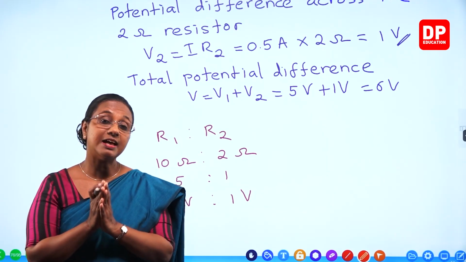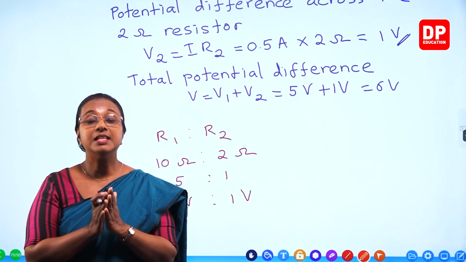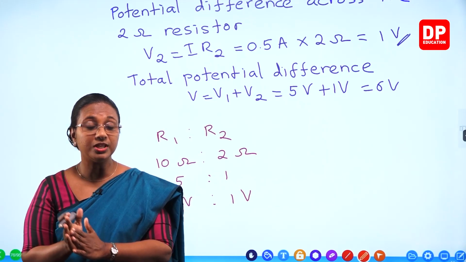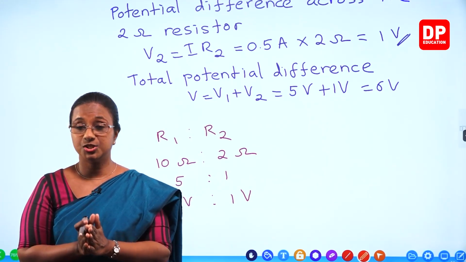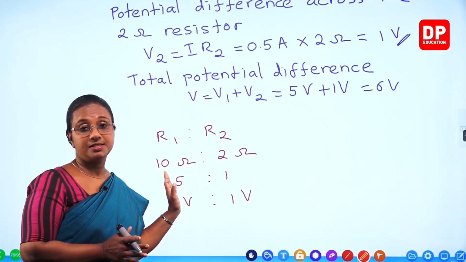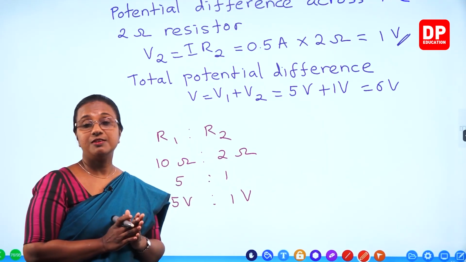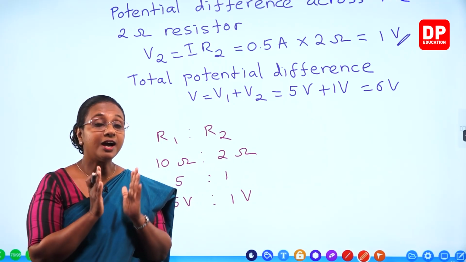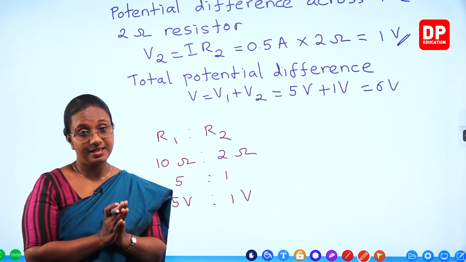If the resistors have different values, then the potential difference is divided or distributed according to the ratio. More potential difference for the higher resistance. Less potential difference for the lower resistance. But the current flow will be the same.